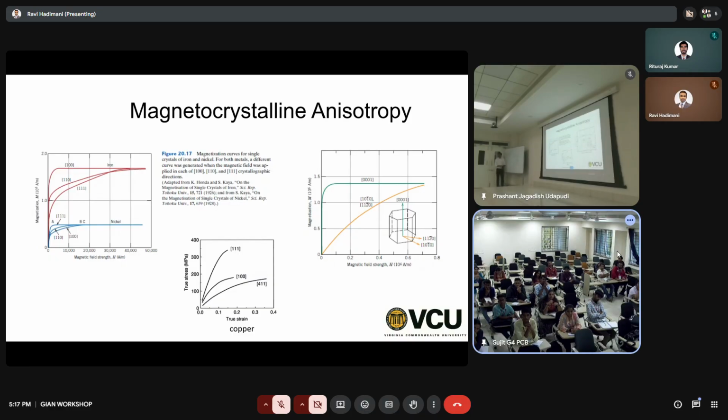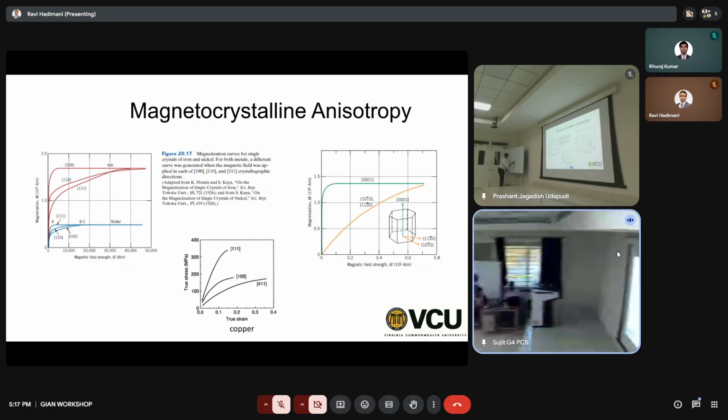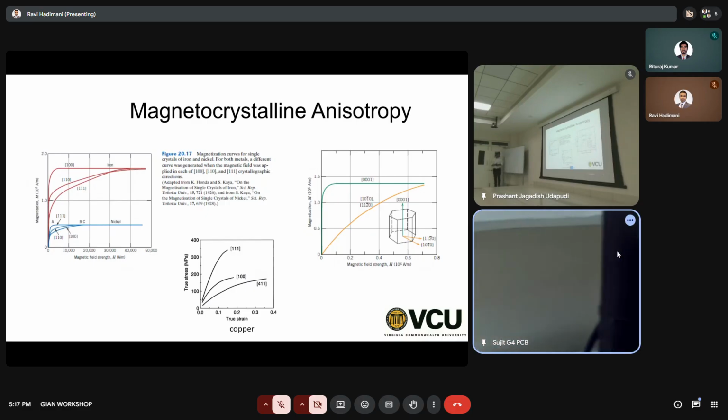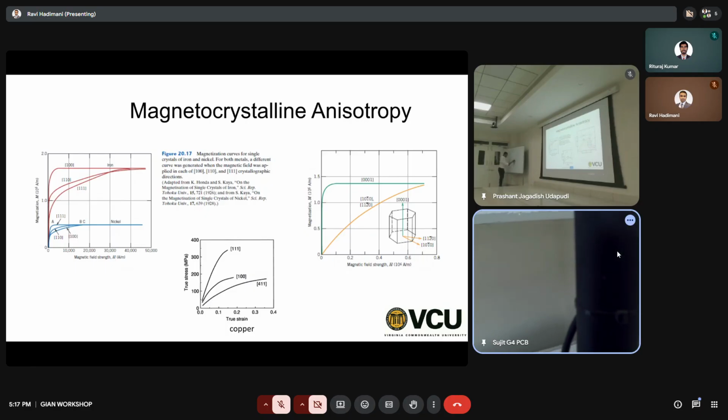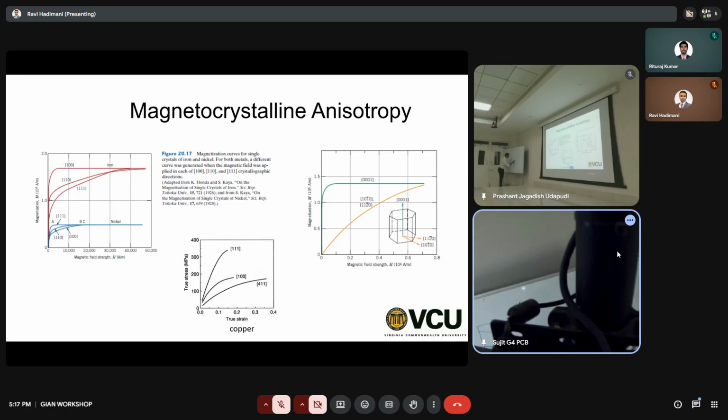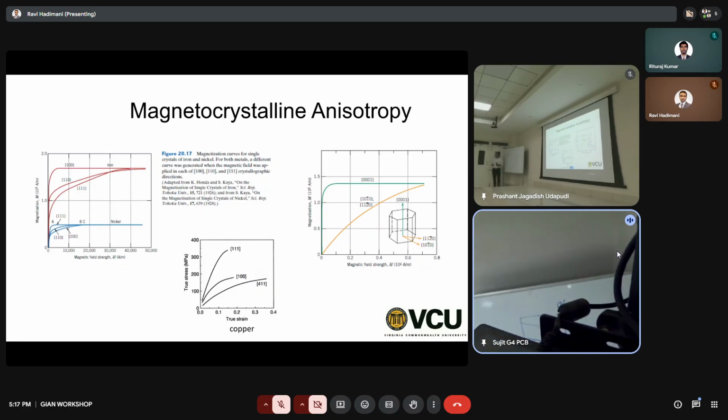For this field, let's say 1 kilo-oersted, in direction C you get a very small magnetization, whereas direction A, so let's say this is A, this is B, this is C, B is intermediate, A looks like D. A has very high magnetization.